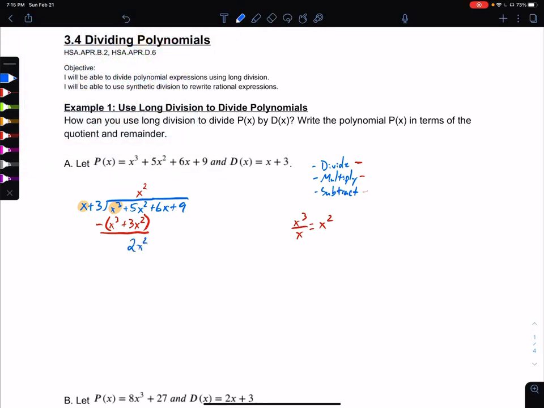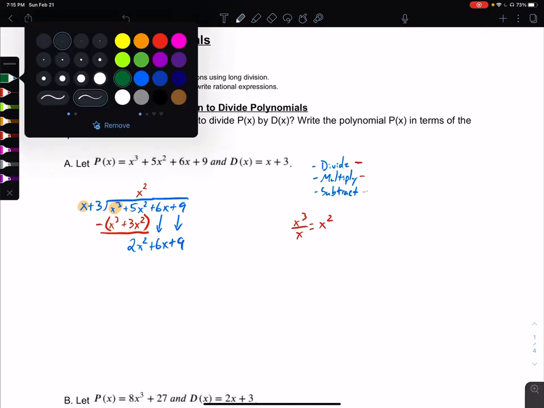Now I'm going to bring down any remaining terms, in this case 6x and 9, and then I'm going to repeat the process. I'm going to go back to dividing, then multiplying, and then subtracting. This time I'm going to divide my leading terms again, 2x squared divided by x. It's always leading term divided by leading term.